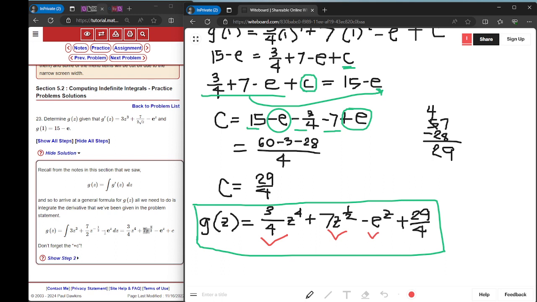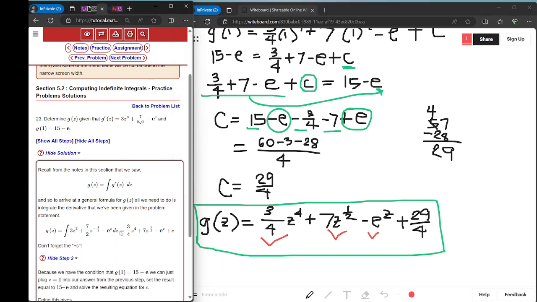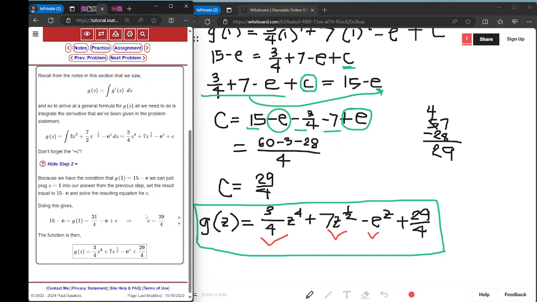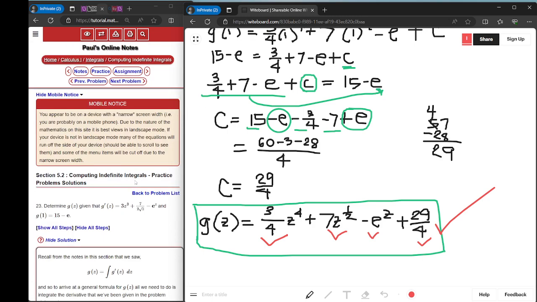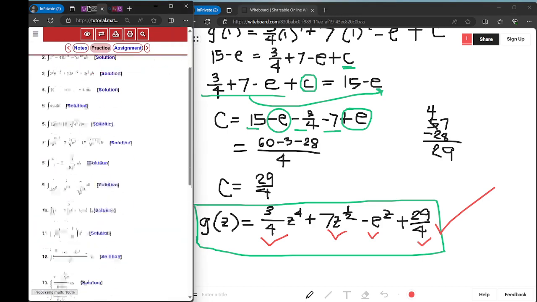So what is lacking is the c. Yeah, we got it right. That's positive 29 over 4, and we are correct. That's it, I'll stop with problem number 23.